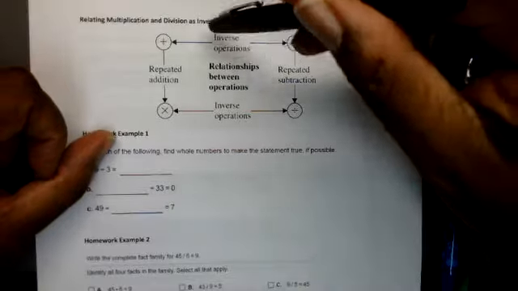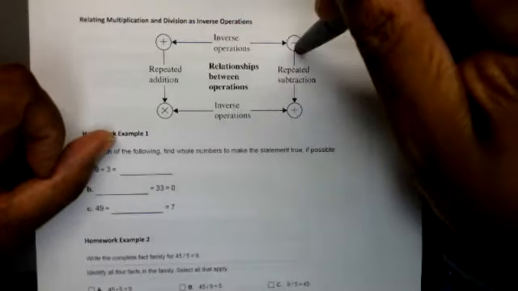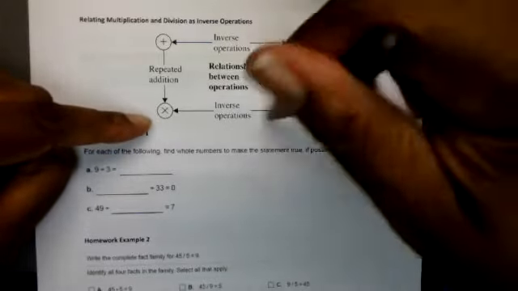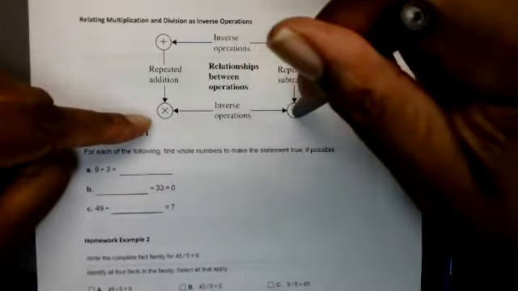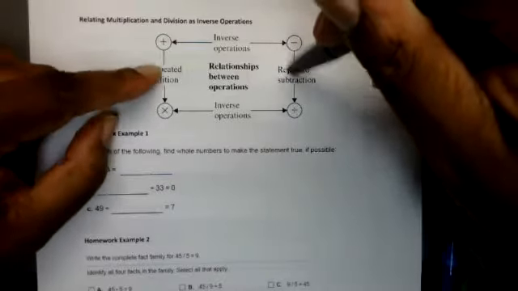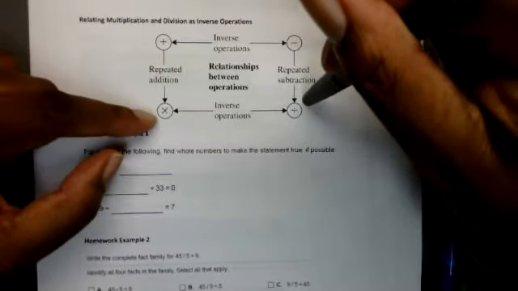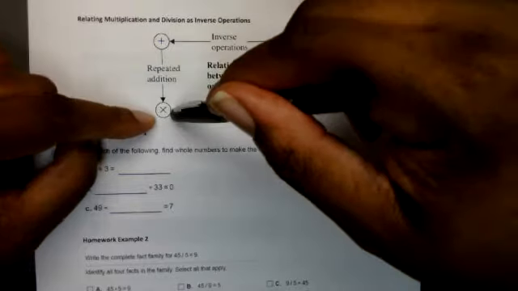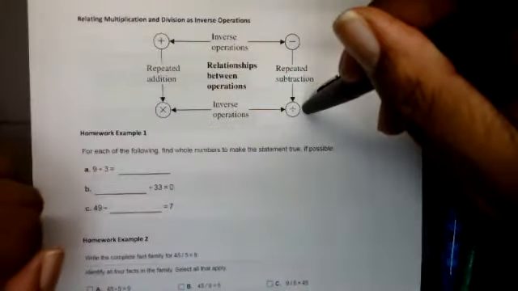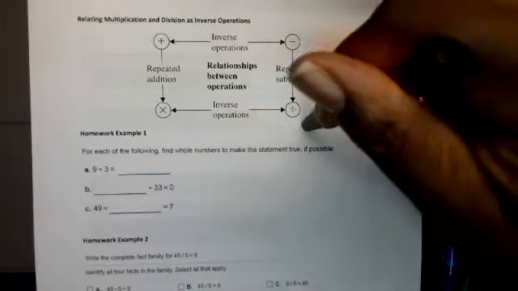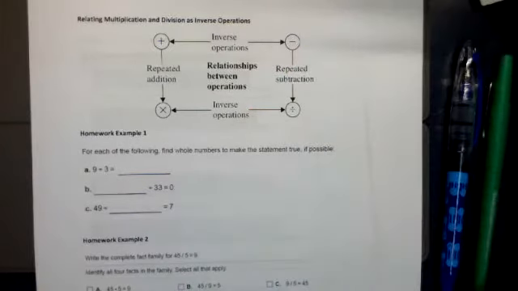If you look at addition and subtraction, those are inverse operations, and also multiplication and division are inverse operations. And going this way, the operations are repeated. When you do repeated addition, that's actually multiplication. And when you do repeated subtraction, that's obviously going to be division.